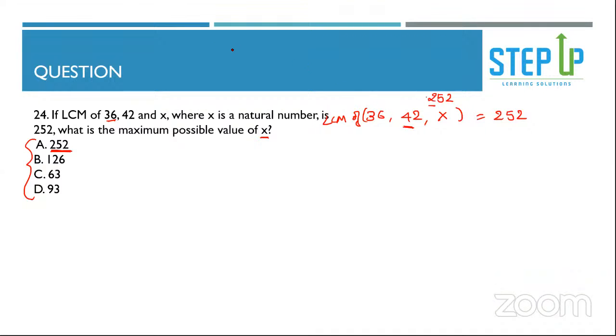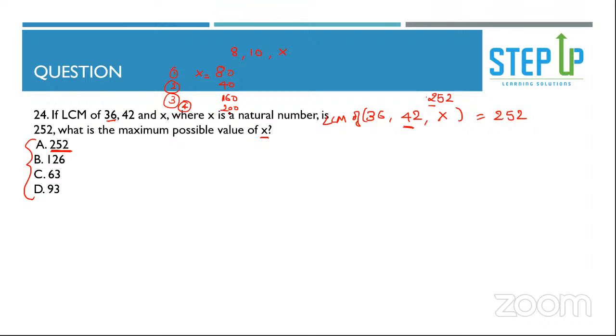Like, let's say we have the numbers 8, 10 and x, and the options for x are: the first option 80, the second option 40, the third option 160, and the fourth option 200.